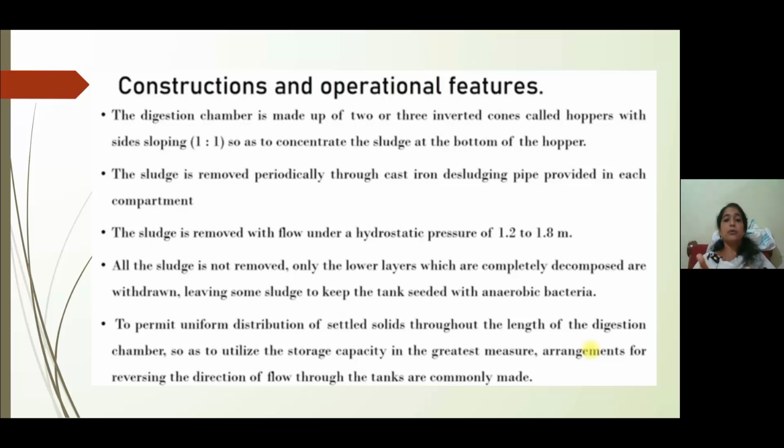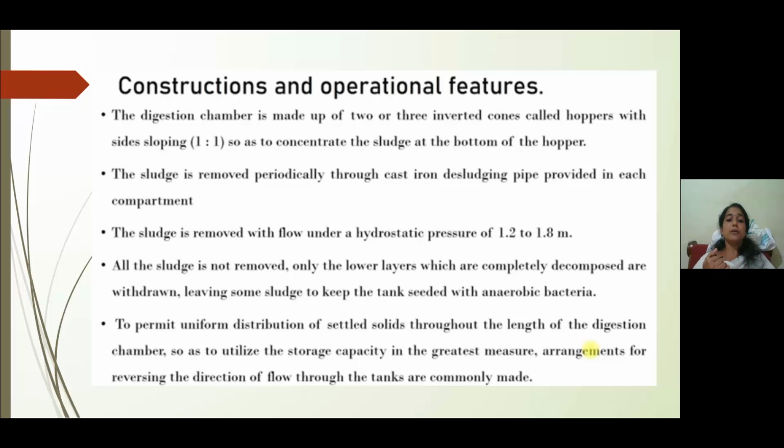The sludge is removed with the flow under a hydrostatic pressure of 1.2 to 1.8 meters. Not all the sludge is removed, only the lower layers which are completely decomposed are withdrawn, leaving some sludge to keep the tank seeded with anaerobic bacteria.